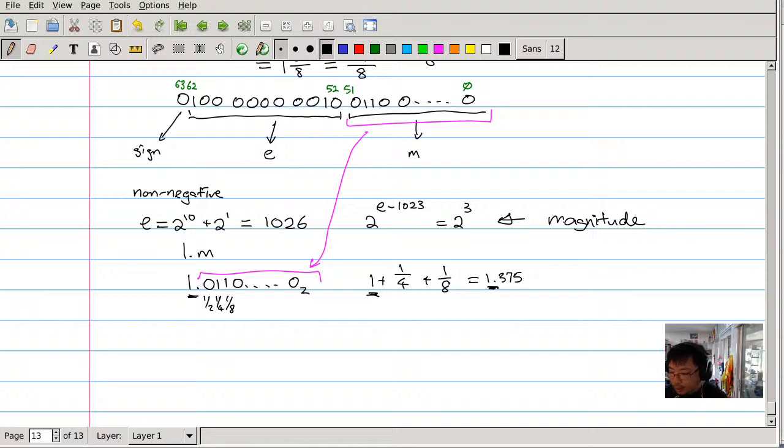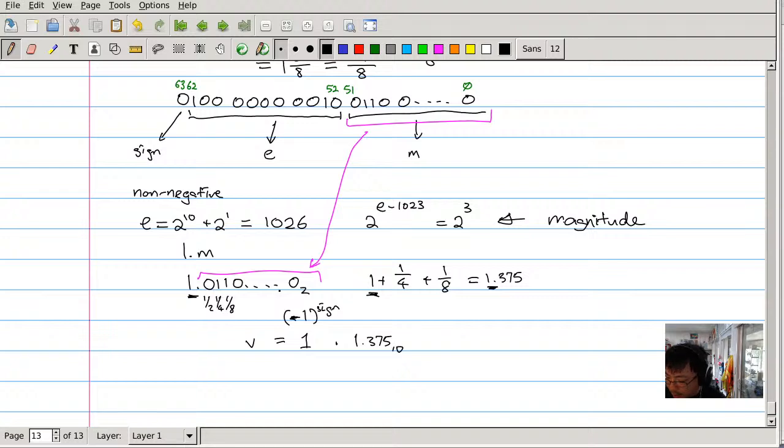So after we look at all of these pieces, what is the value? The sign in this case is non-negative, which is 1. So this is basically the -1 to the power of sign times the value or the digits. That turns out to be just 1.375 in base 10.